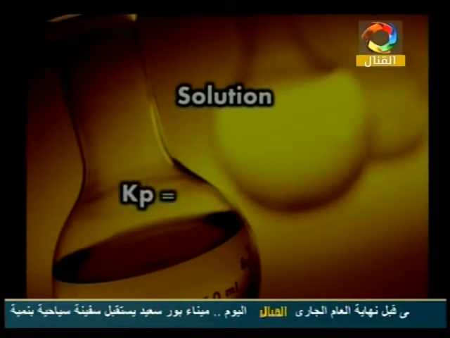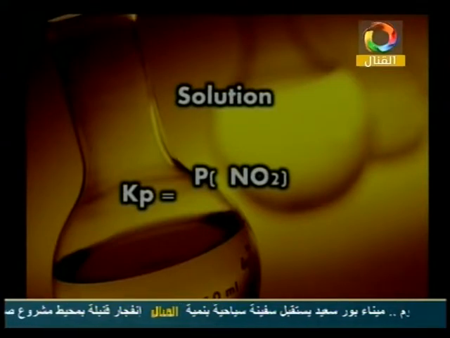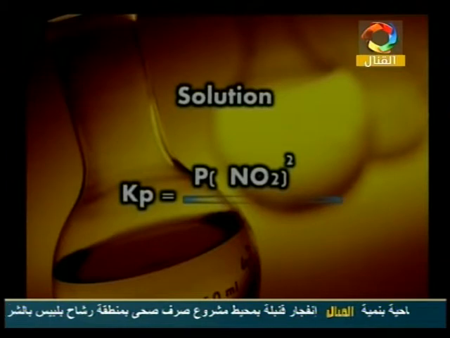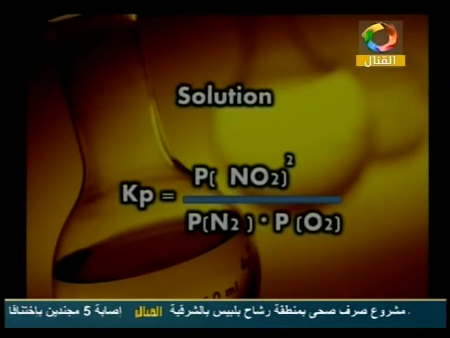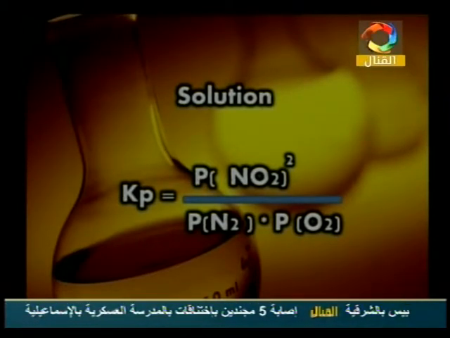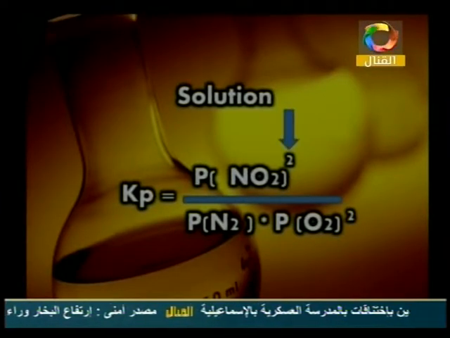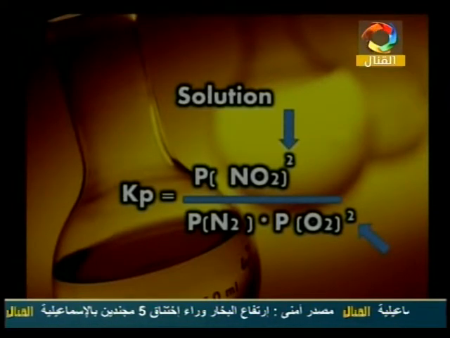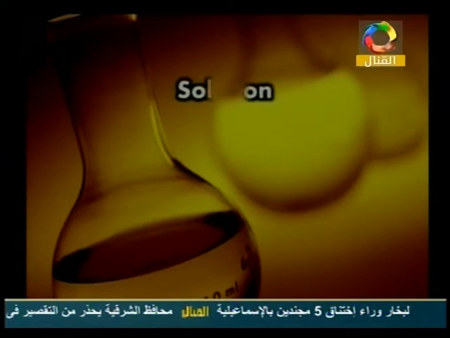Kp, the equilibrium constant, equals the concentration of the product, P NO2, with its power, divided by what? The reactants, P N2 times P O2. Is this only it? No, we always have a power, 2 for the product and 2 for the reactants, to make a highly different result. This is important to find the concentration.